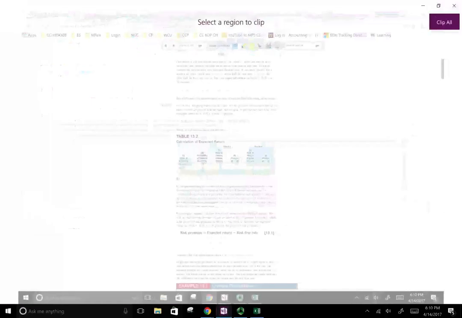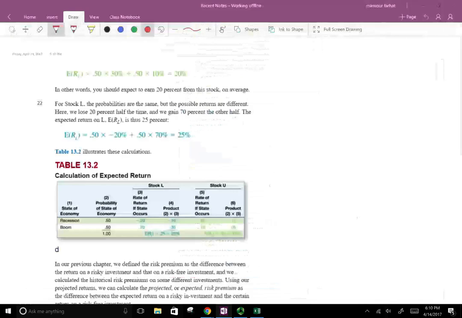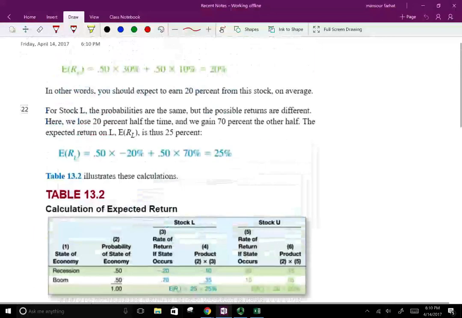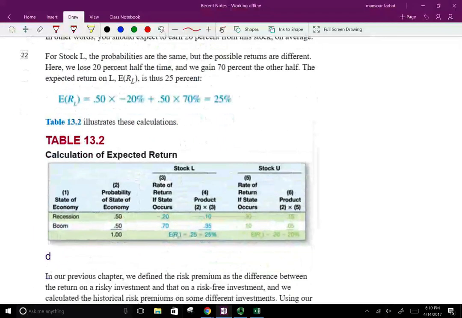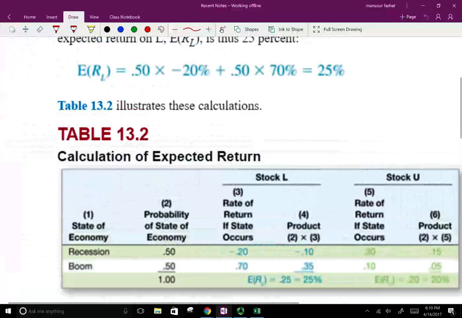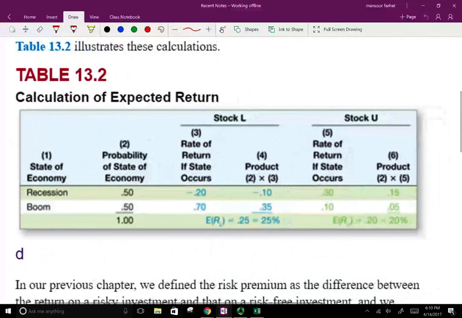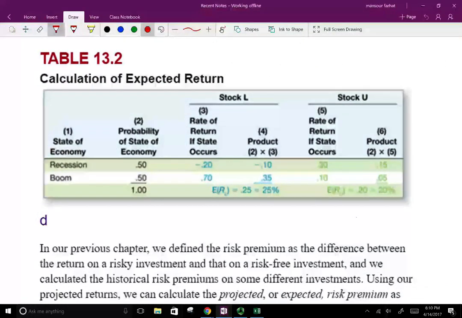So let's keep going here. Let's summarize everything that we did in a table. Here we go. In a recession, the state of the economy, the probability is 50% of that happening. Stock L, rate of return if the state occurs, is negative 20.